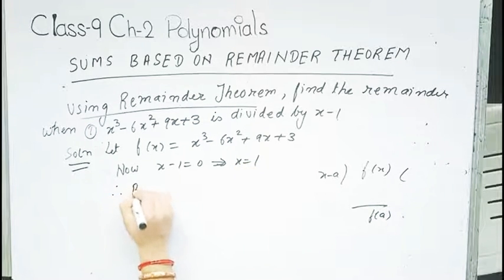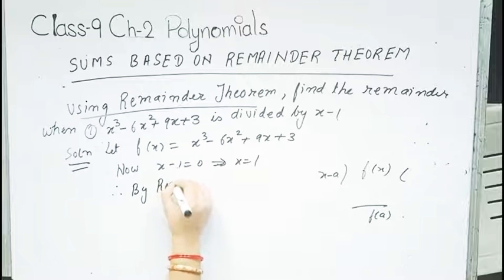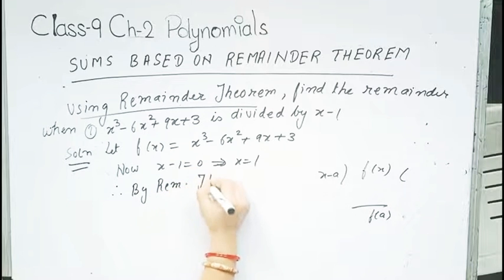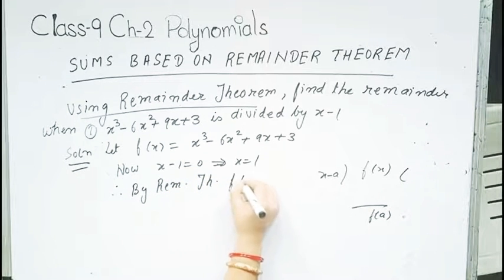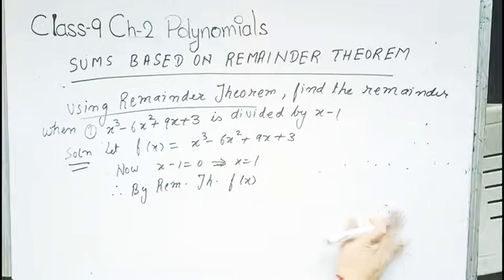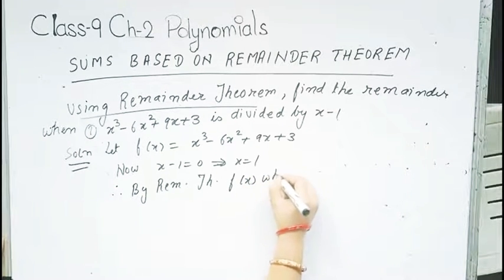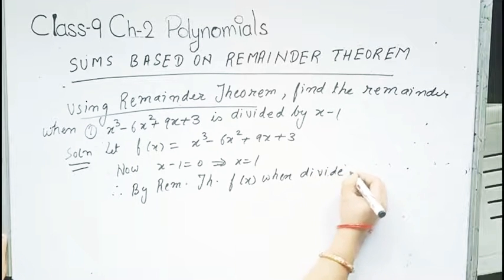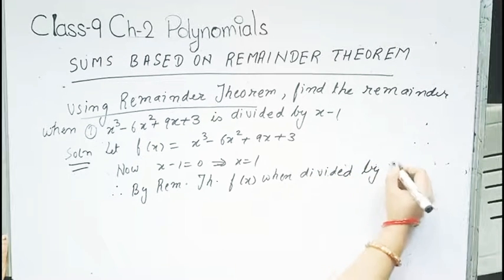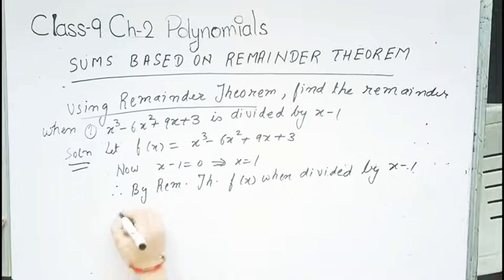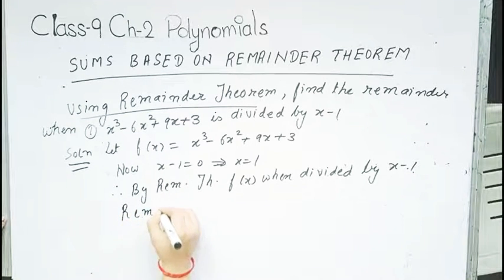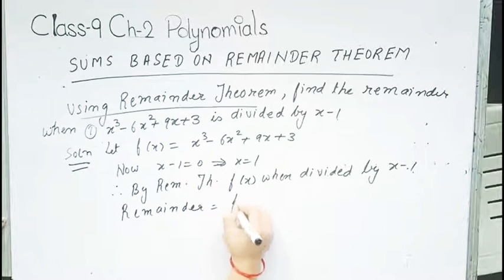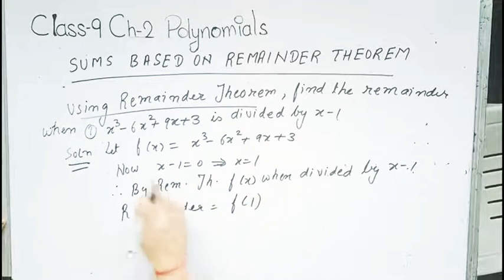Therefore, by remainder theorem, f(x) when divided by x minus 1, remainder equals f(1).